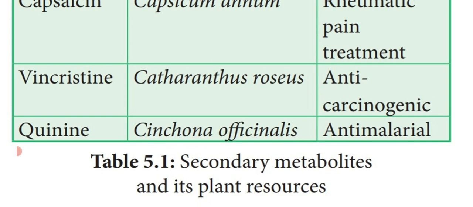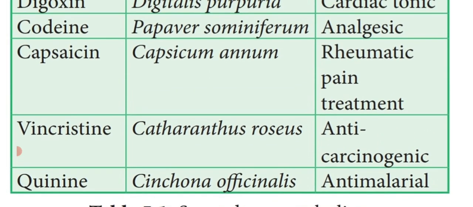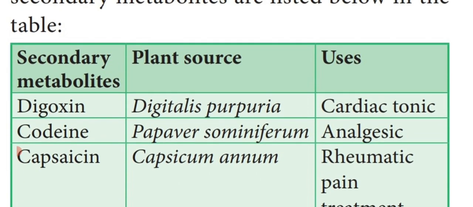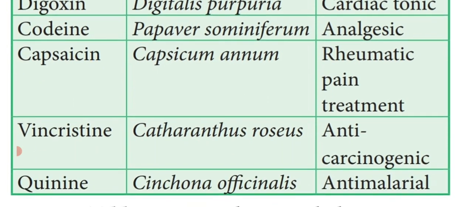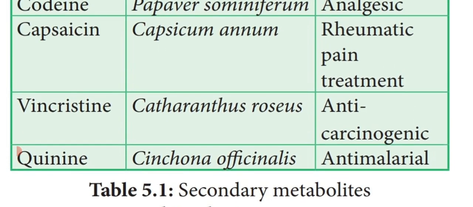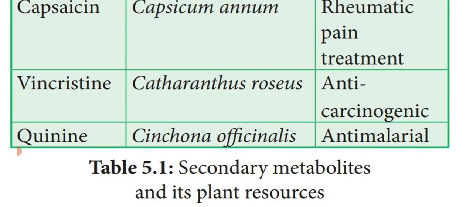And quinine, from Cinchona officinalis, is used as a drug for malaria, an anti-malarial drug. These are all the different secondary metabolites and their plant sources. It's a very, very important 2-mark, 3-mark question. Dear students, these are the secondary metabolites and their plant sources.